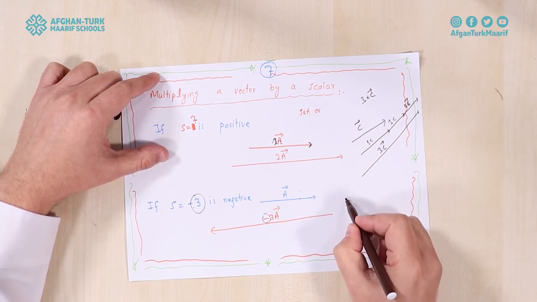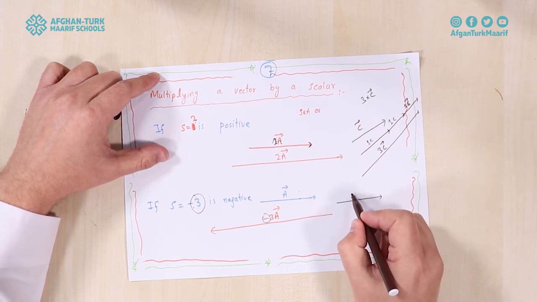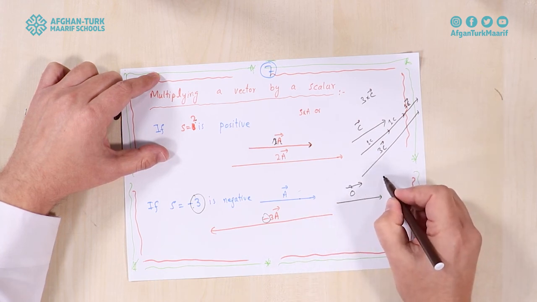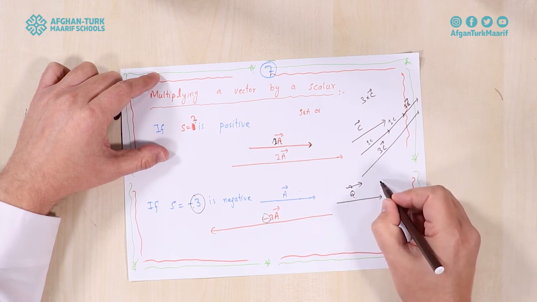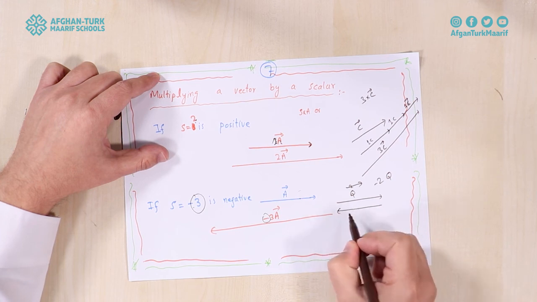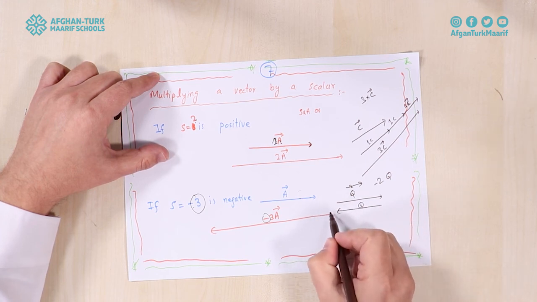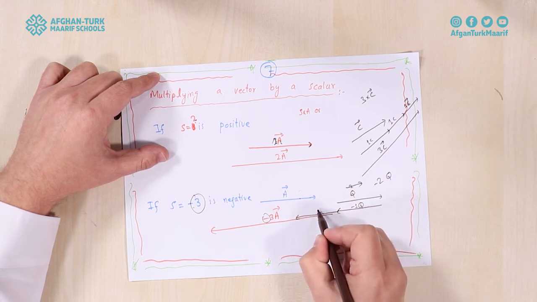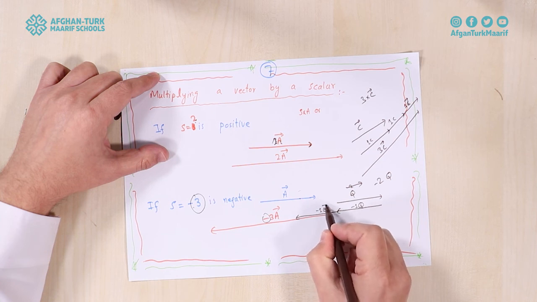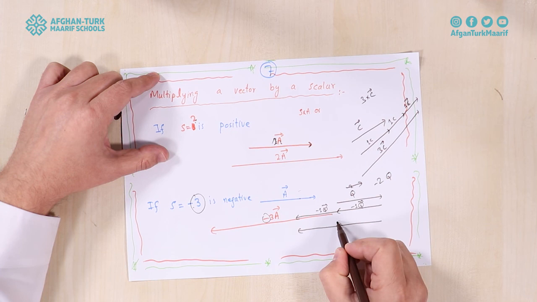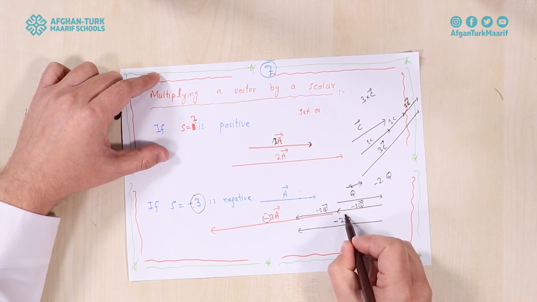If we have a vector Q and I want to multiply it by 2 with Q, minus 2 with Q, sorry. So this will change the direction. This is first Q and this is the second Q, like minus 1, minus 1 Q. Or we can simply say this is minus 2 Q.